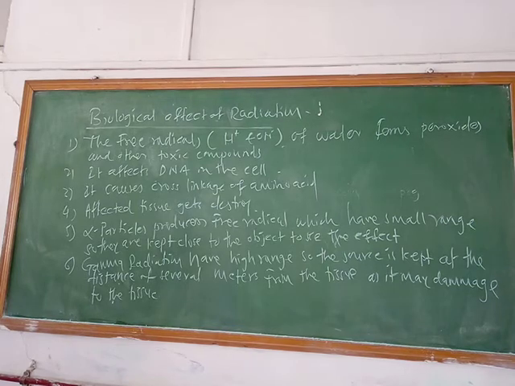So these are the various effects. Not only these effects, but the bone marrow, mucosa of the gut, fetus, gonads, etc. are easily affected by the radiations. High energy radiation can affect skin and other tissues.